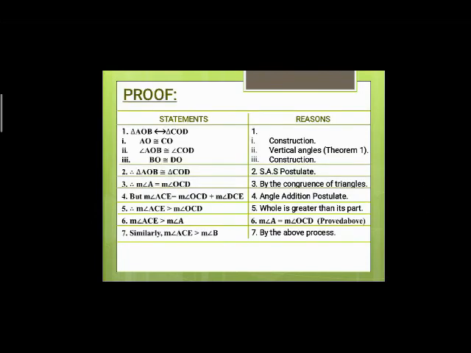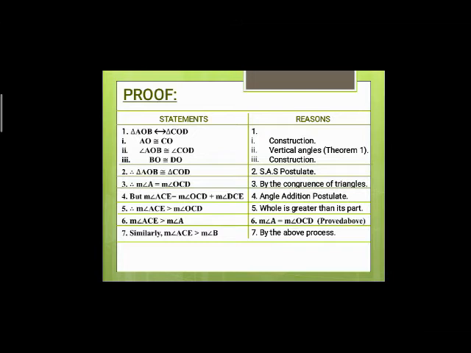So now we start our proof. Here we have the proof using statements and reasons. Take triangle AOB and triangle COD. For proving that both triangles are congruent, we first take some points. Line segment AO is congruent to line segment CO because of the construction, because we cut the line segment AC into equal parts by ourselves.